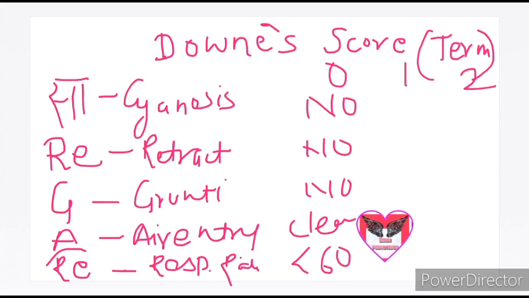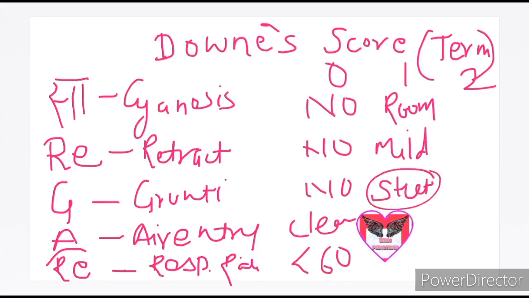For 1 we have cyanosis in room air, mild retraction, grunting that is audible with a stethoscope, mild decrease in air entry, and rate is 60 to 80.